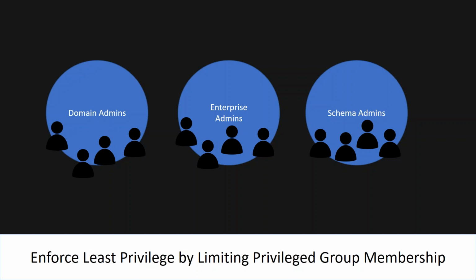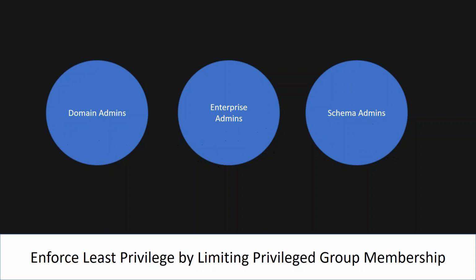So instead of looking like they do on the screen now, they should look like this, again, most of the time. So I'm guessing that probably for most of you, it's the domain admins group that is hyper-populated, possibly enterprise admins, and maybe also schema admins, but domain admins is usually the one that causes most problems. So I said that these aren't the only privileged groups in Active Directory.